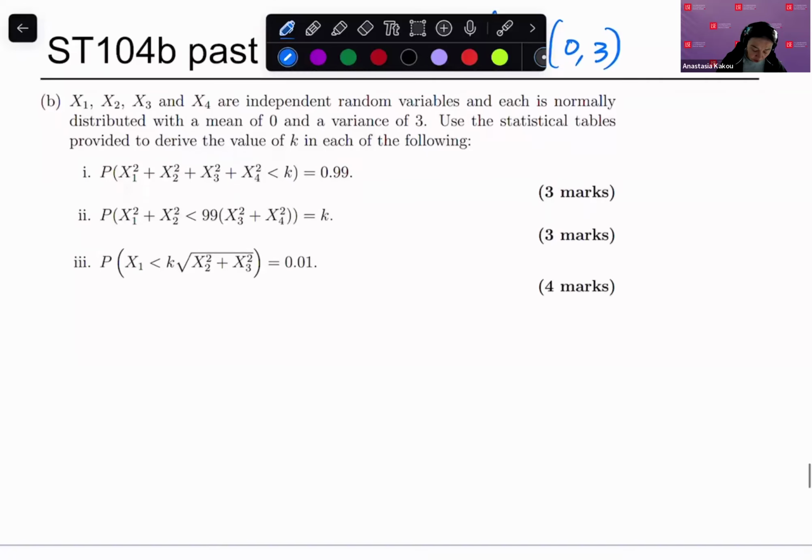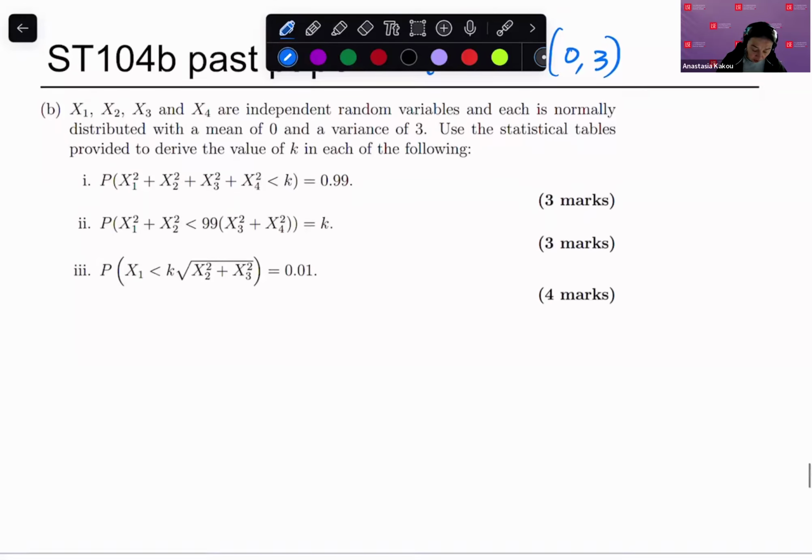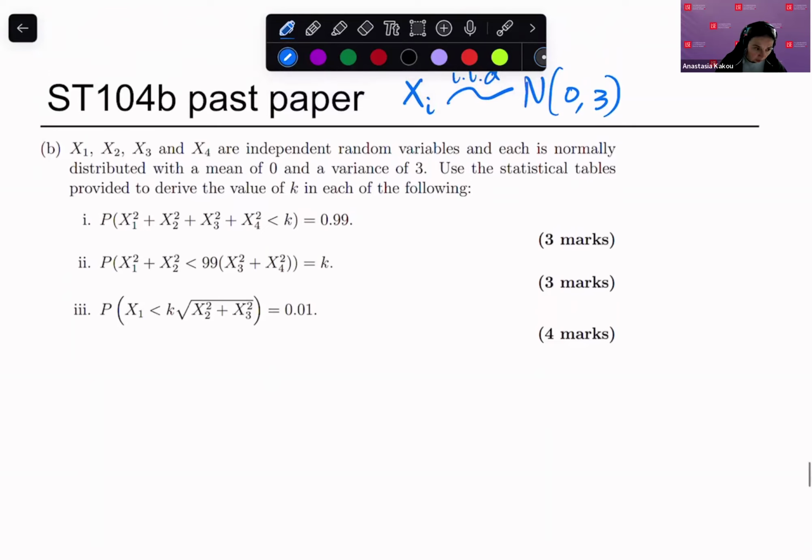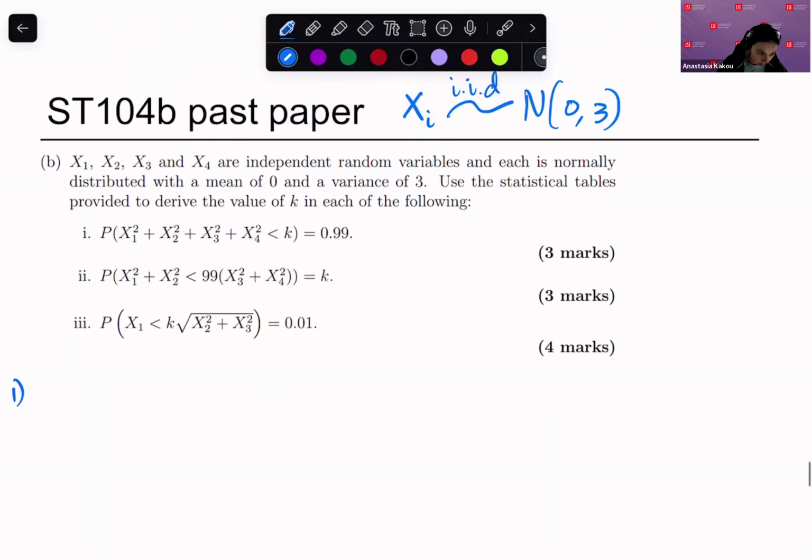So looking at the first question, you have squared functions of these variables. Now, the steps we need to follow is first to standardize each one of these xi variables, because these are the building blocks, the standard normal distributions.